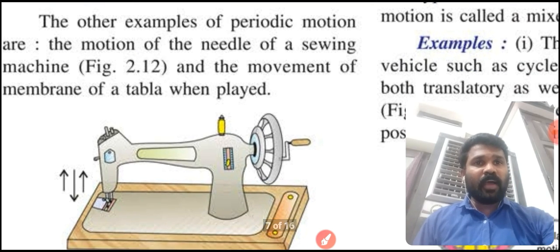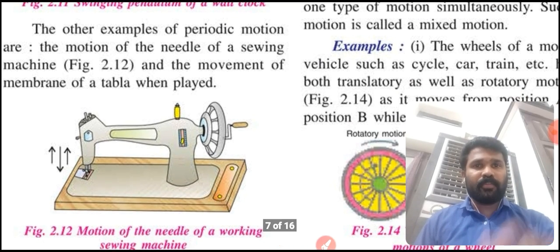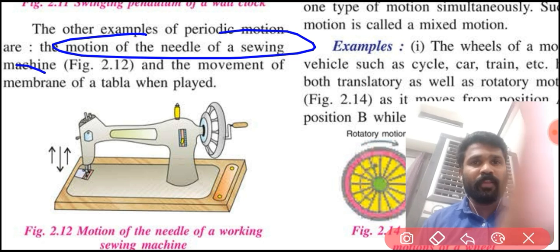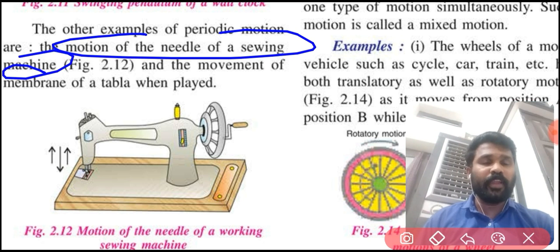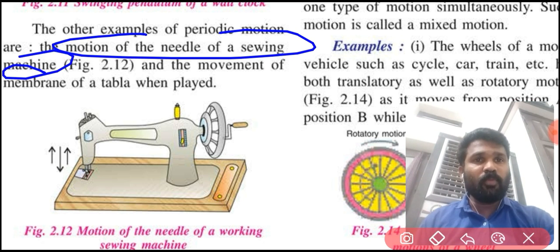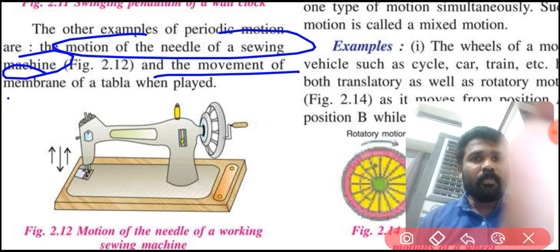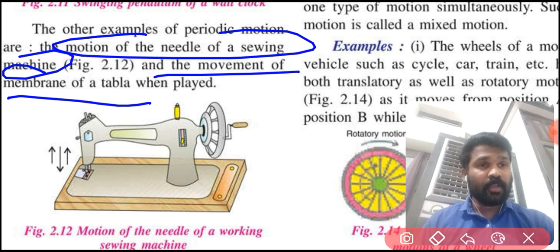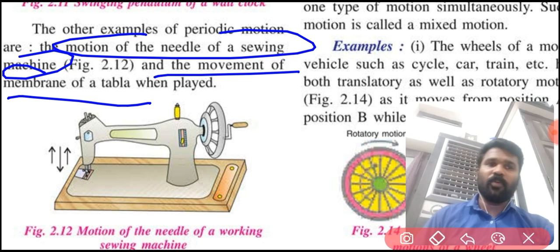The other examples of periodic motion are the motion of the needle of a sewing machine and the movement of the membrane of a tabla when played.